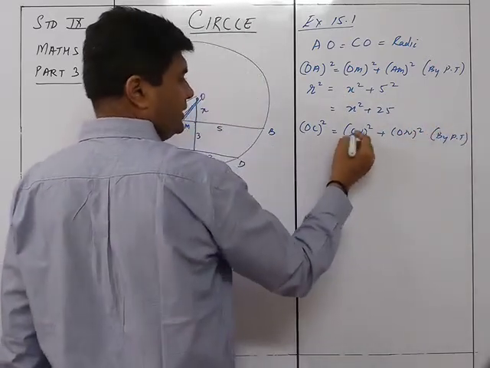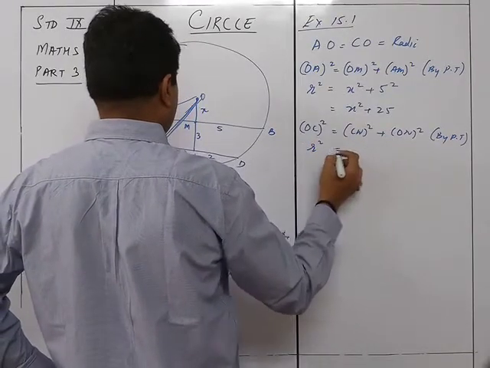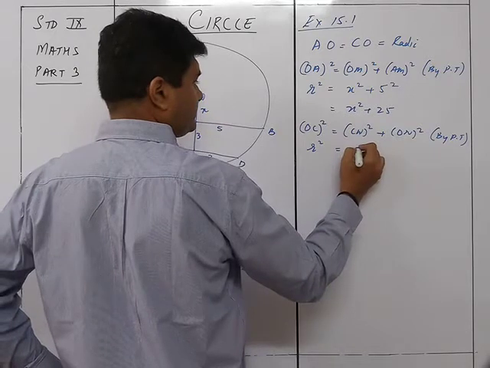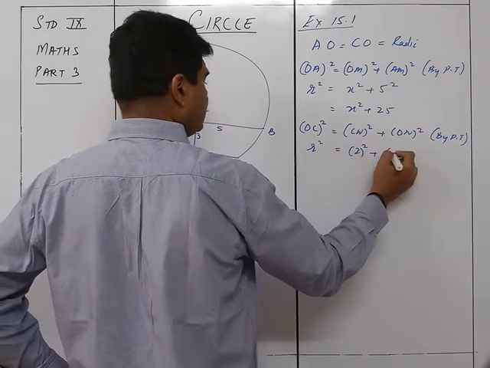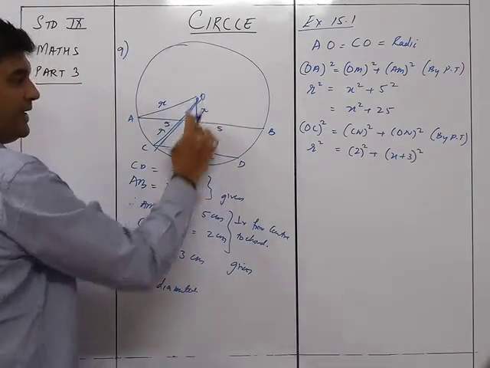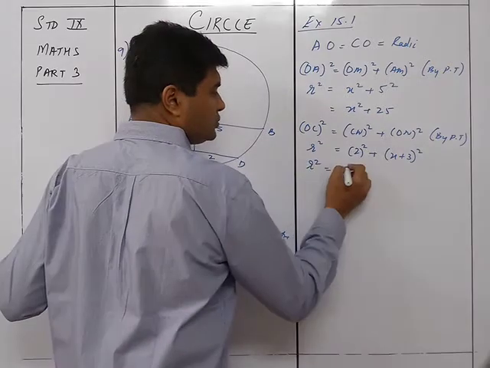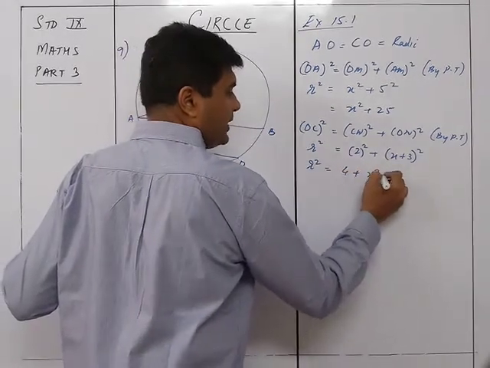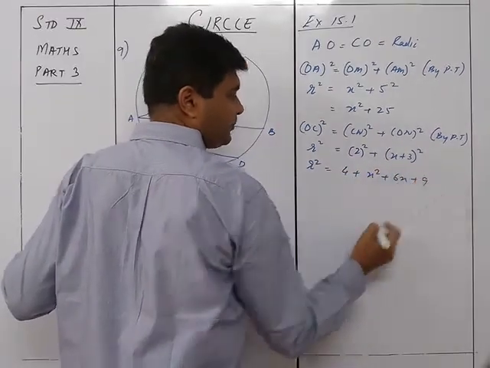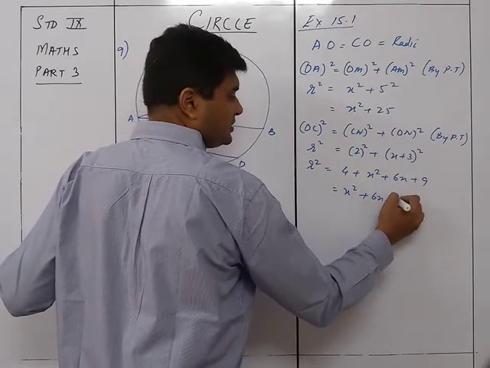So R square is 2 square plus x plus 3 the whole square, because this is x, so this complete thing will be x plus 3. So R square is equal to 4 plus x square plus 6x plus 9. So it is x square plus 6x plus 13.